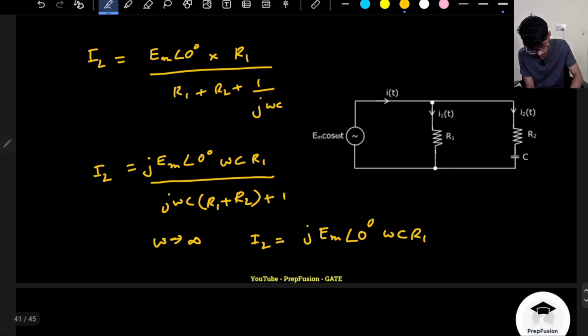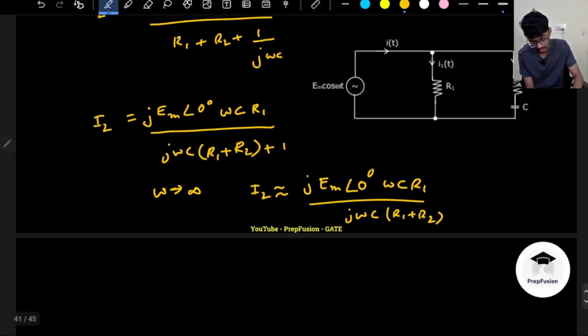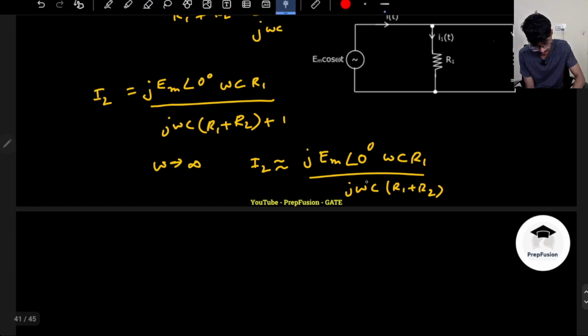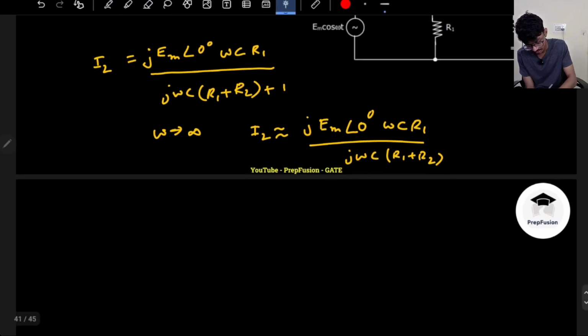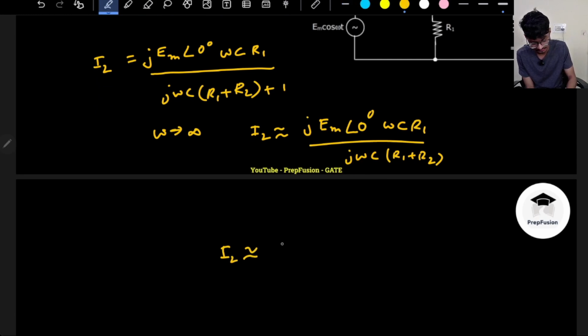So roughly this will be equals to J omega C R1 plus R2. So it will behave as a purely resistive circuit. So this J and J will get cancelled, and this omega C will get cancelled. Ultimately your value I2 will come out to be, it will just be a purely resistive circuit, current divider. So it will be EM phase 0 R1 divided by R1 plus R2.